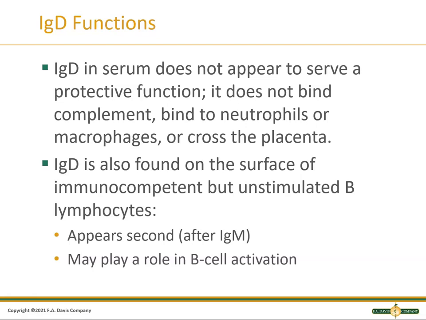It doesn't really protect. It doesn't bind complement. So what does it do? It's on the surface of the unstimulated, the naive B lymphocytes that are immunocompetent. So it appears after that monomer of IgM there. So they think it might play a big role in B cell activation right now.